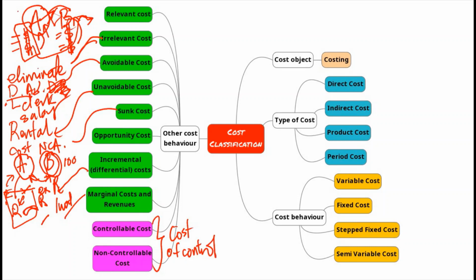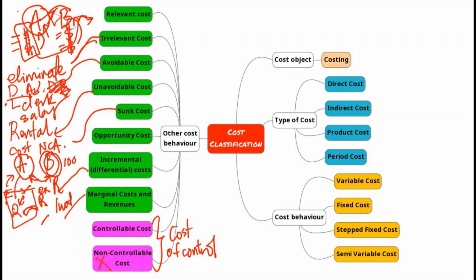Controllable means any cost that is reasonably subject to regulation by the manager whose responsibility it is, which means the manager has the power and the responsibility to control it. So that would be the controllable cost. For the non-controllable cost, the manager does not have any direct power, he doesn't have any control.